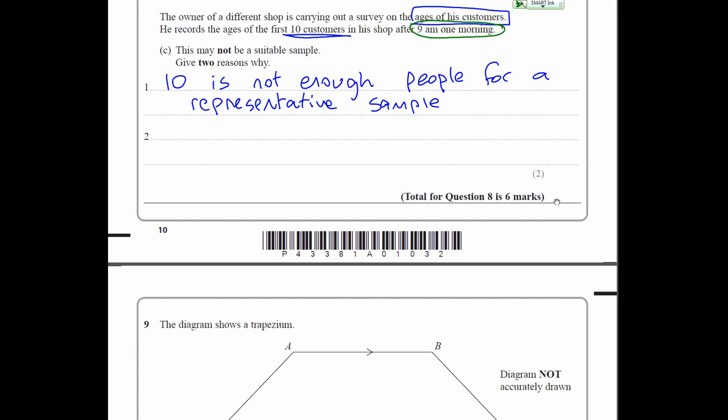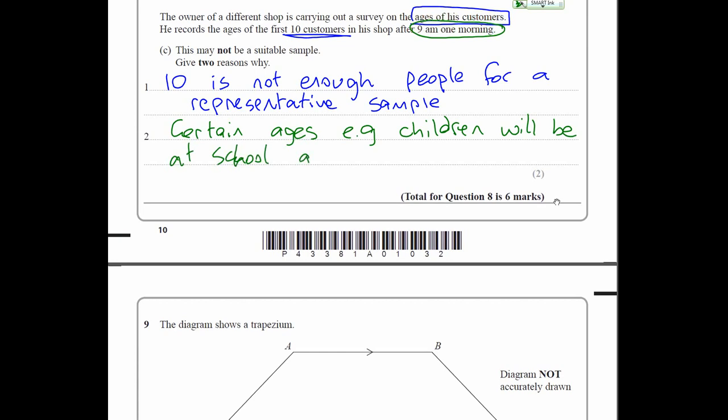So you could say certain ages, e.g. children, will be at school after 9 on a weekday.